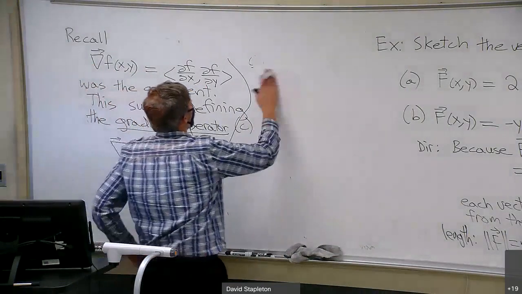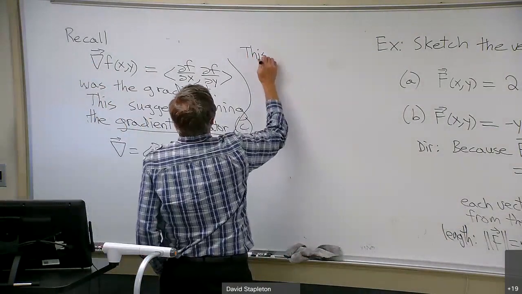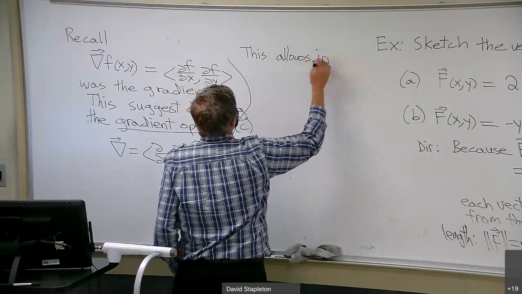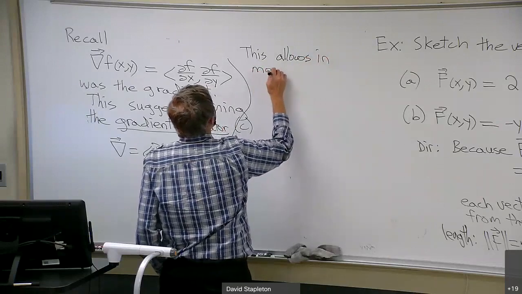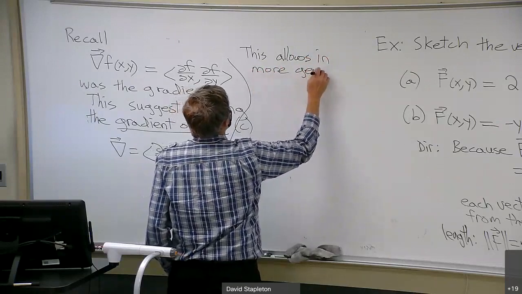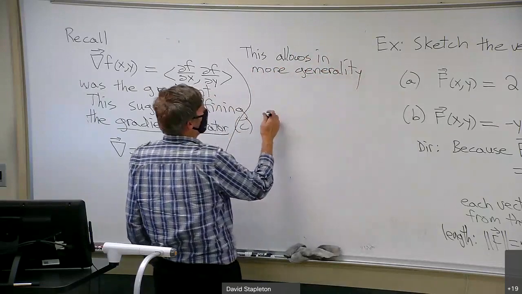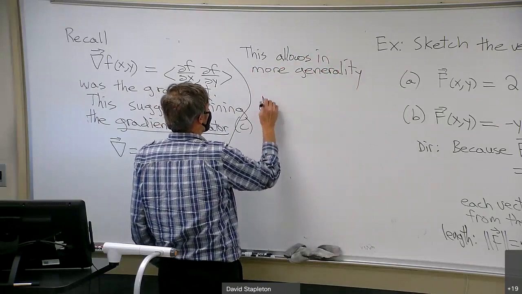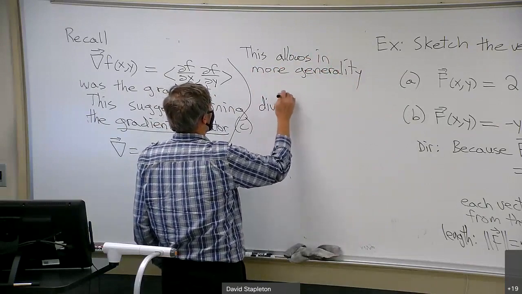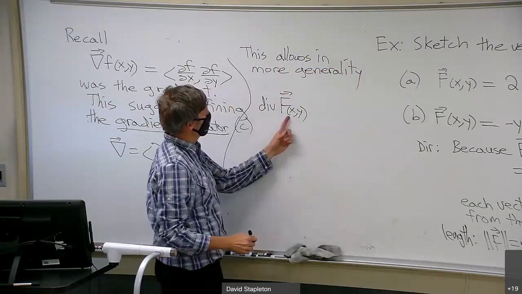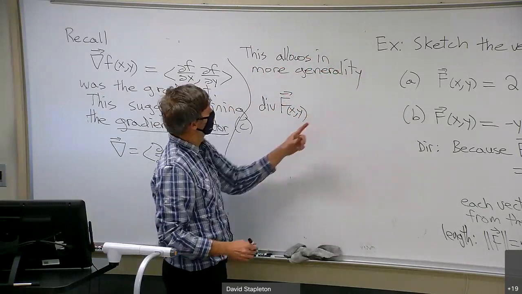Moreover, in more generality, things like this, the divergence of a vector field. So a vector field here, f of x, y, associates with each point x, y a vector, right?